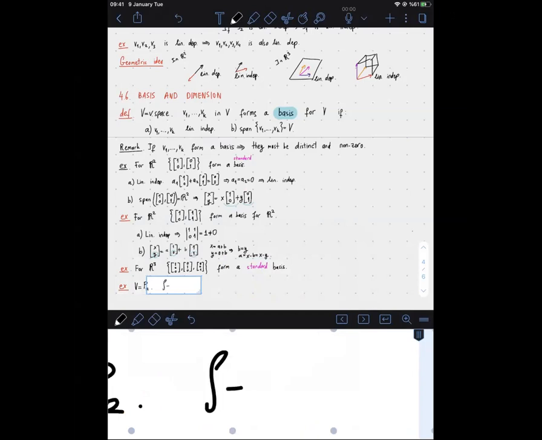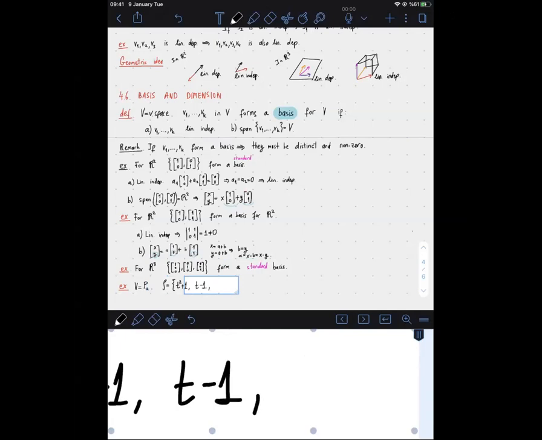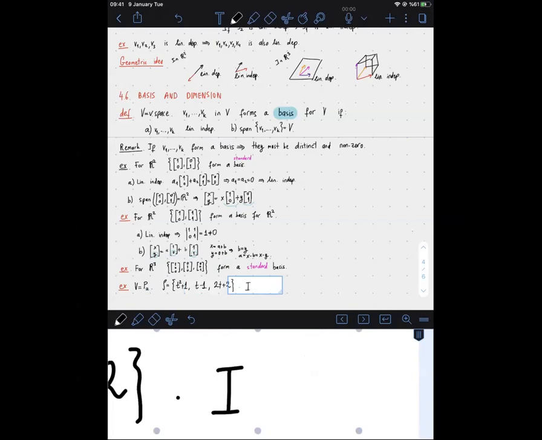Consider the set t squared plus 1, t minus 1, and the third vector is 2t plus 2. So the question is, is S a basis?